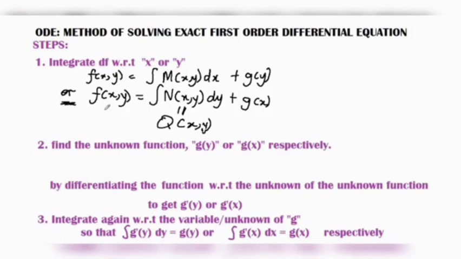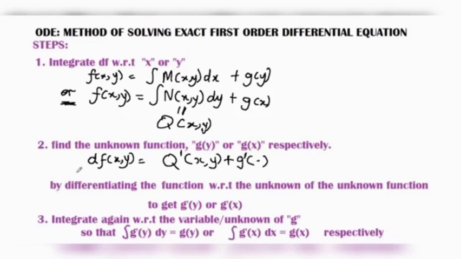So I'm going to differentiate. First, remember we said integrate, then differentiate. So I'm going to be differentiating this function, f of x,y, with respect to the corresponding variable, that's what g is a function of. So this will be q prime of x,y plus g prime of whatever function it is.